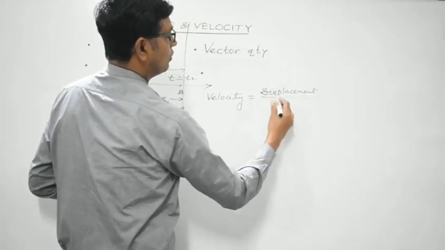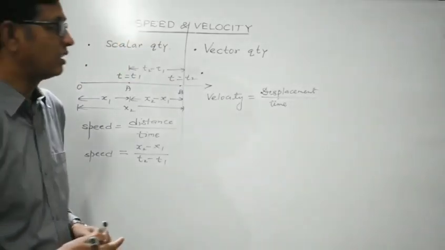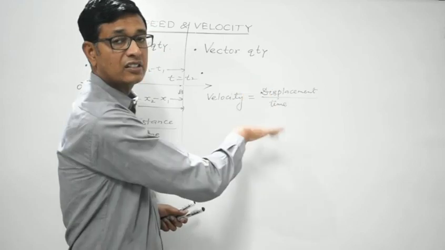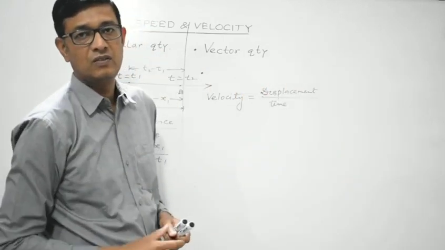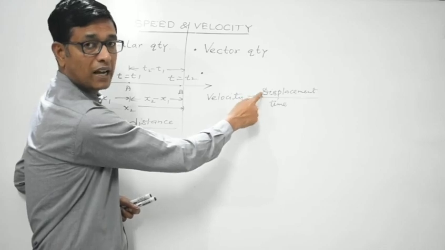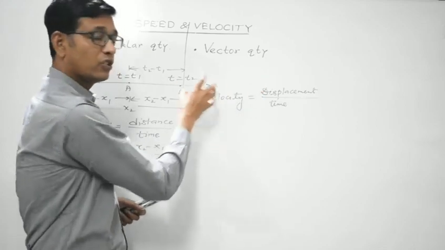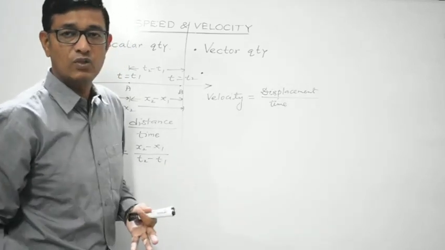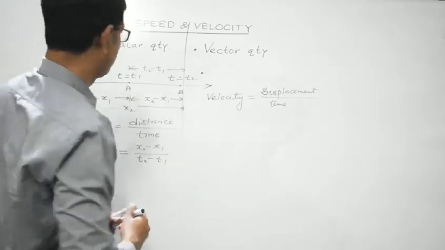This is the formula for velocity. Displacement, as you are aware, is a vector quantity possessing both magnitude as well as direction. So velocity must also be a vector quantity having both magnitude as well as direction.